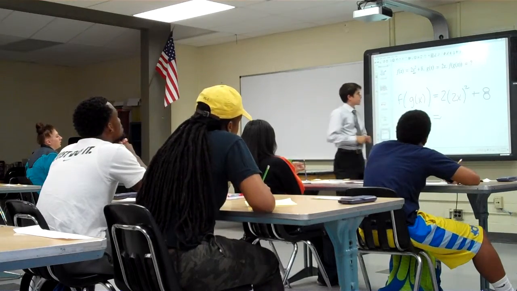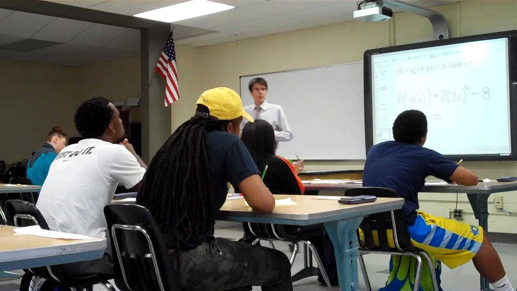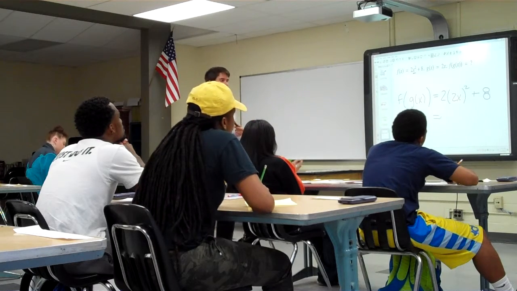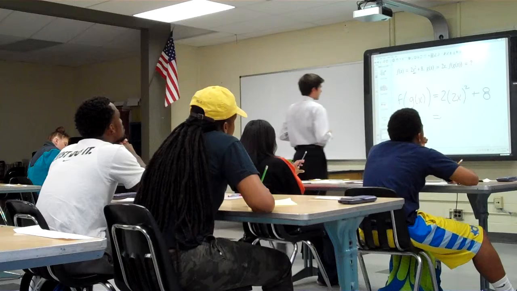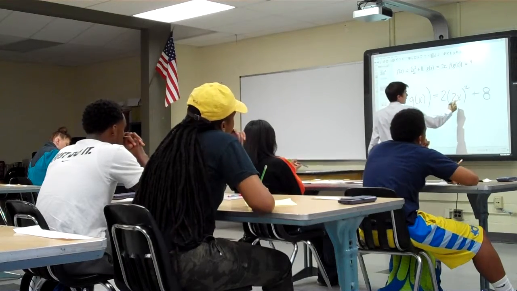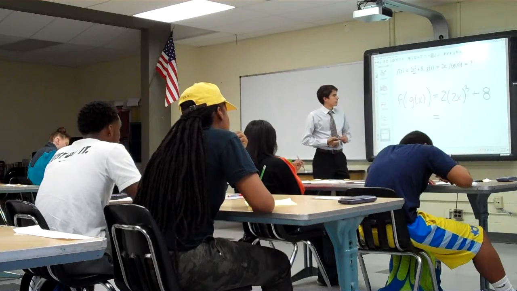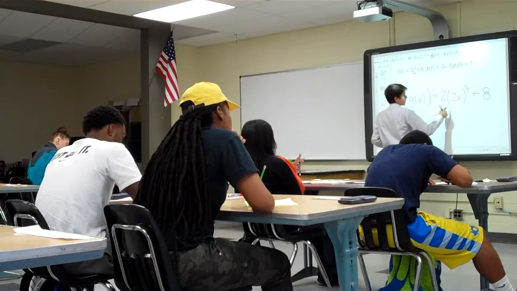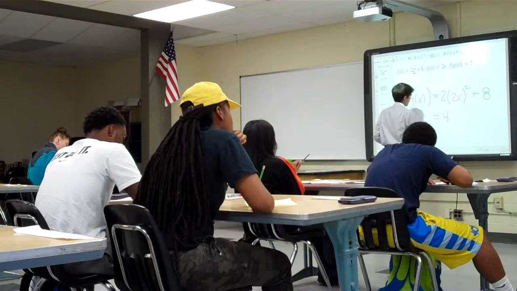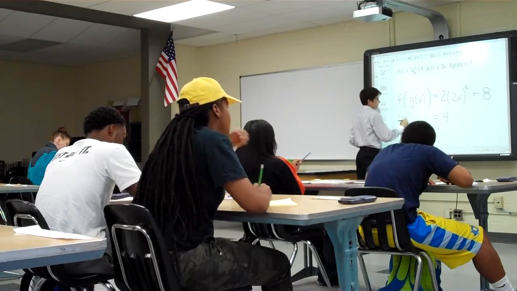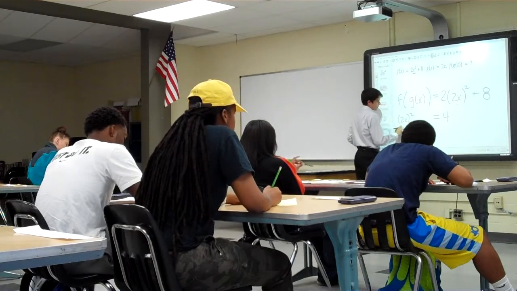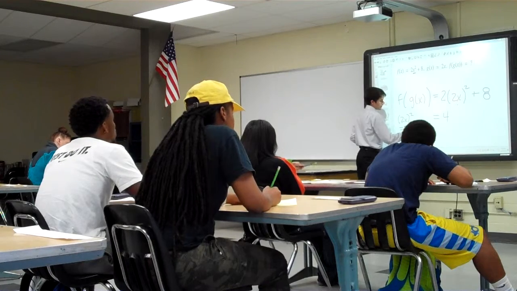So, Dietrich, do we do exponents or multiplication first? What's our order of operations? Exponents. So we have 2x raised to 2, the second power. The 4 is right. Remember, 2x squared is 2x times 2x.